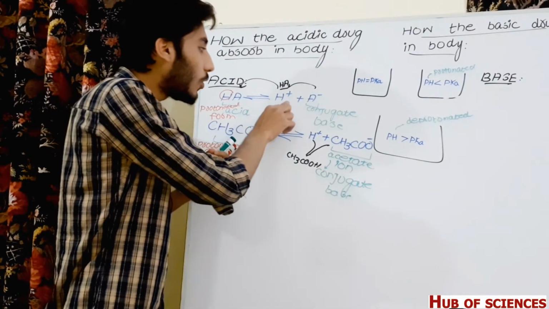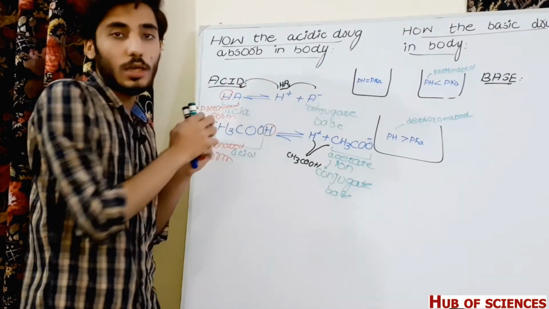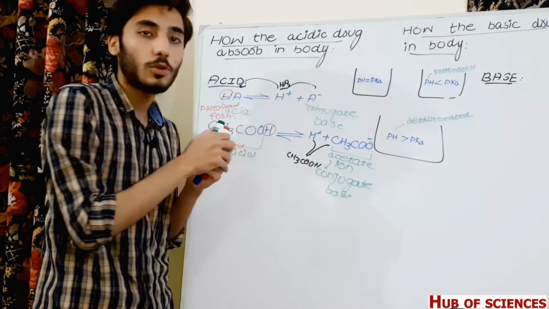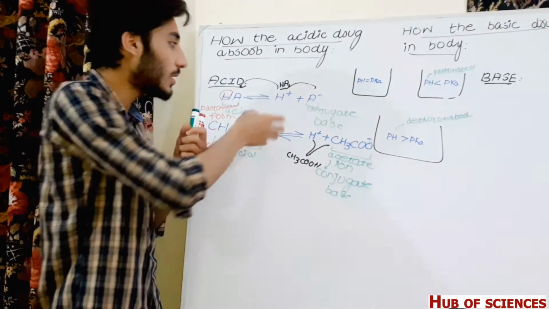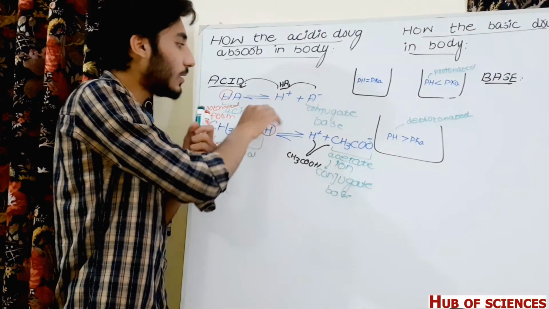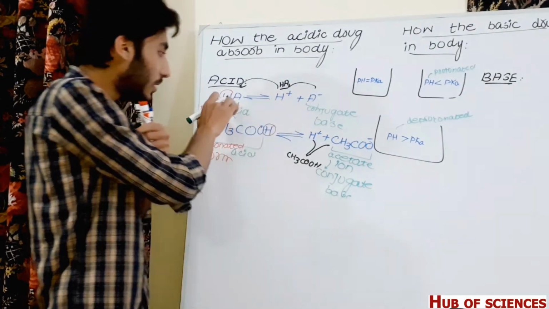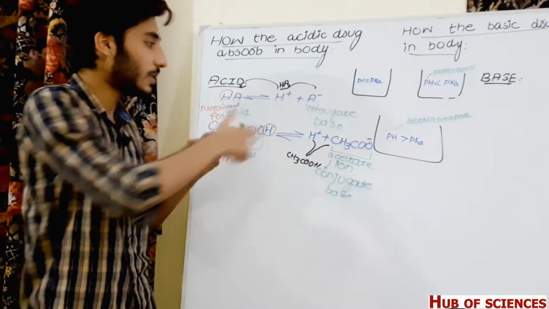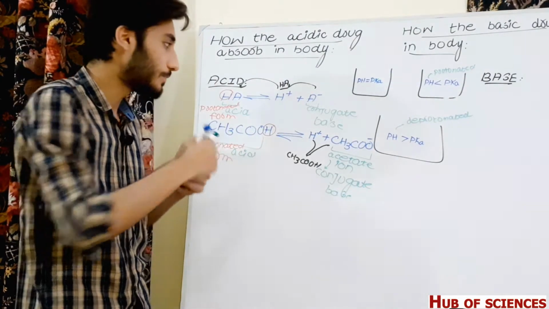So we can call this the deprotonated form of an acid. Why do we call this and this the deprotonated form? Because in this case, the proton is attached to an acid, but in this case, the proton is not attached to an acid.